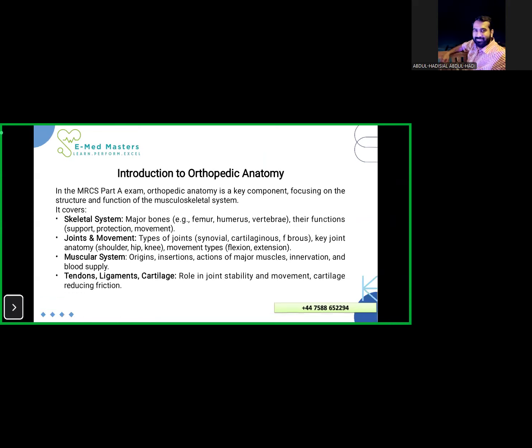So basically, orthopedic anatomy is a key component of MRCS Part A, focusing on the structure and function of the musculoskeletal system, because the trauma portion and your surgical anatomy are based on orthopedic basic knowledge. You have to know these if you want to get through the difficult part of the MRCS.